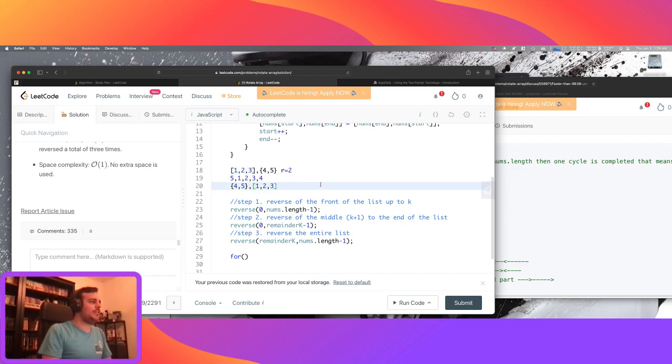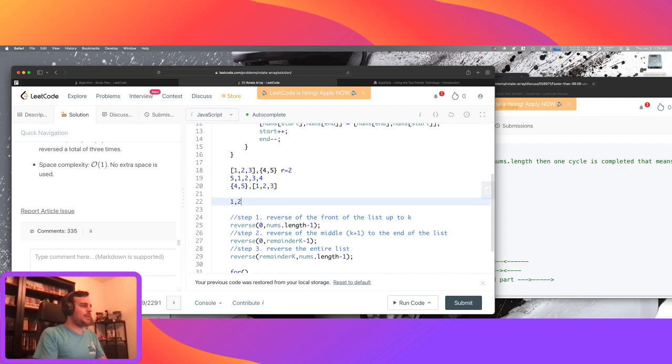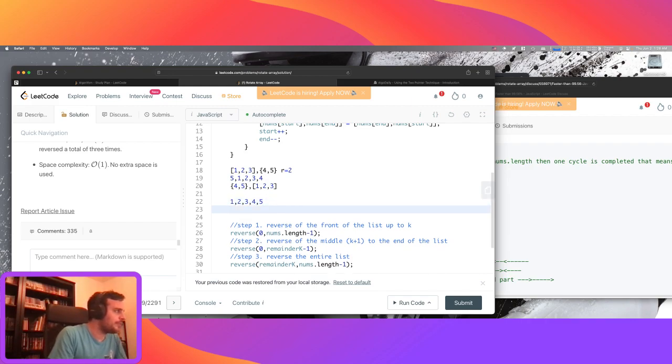If we just try to take 1, 2, 3, 4, 5 and do some sort of movement, it would be kind of hard, right? Because we can't just reverse the front half. Just reversing 3, 2, 1 and then doing 5, 4 gets us nothing, because we did not get to 4, 5, 1, 2, 3, which is the result we want.